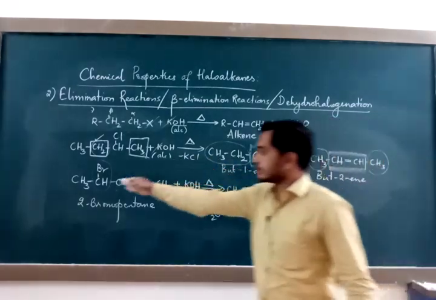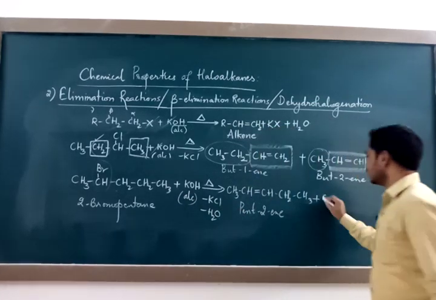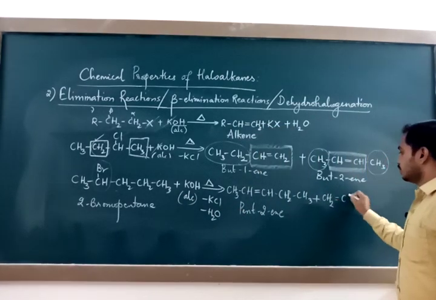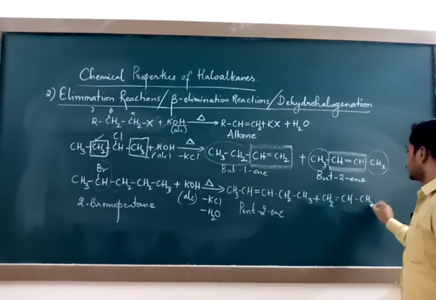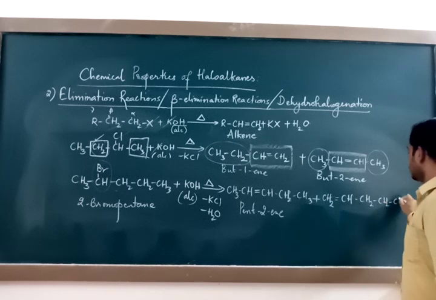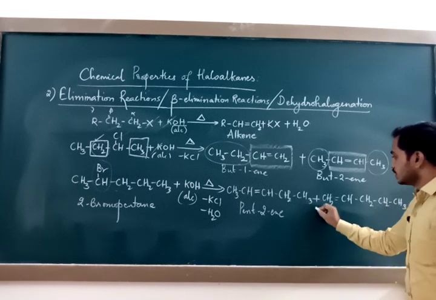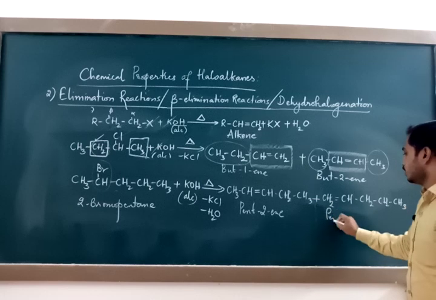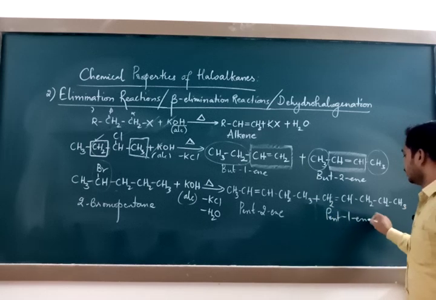If you are removing hydrogen from this carbon, you will end up with CH2 double bond CH, CH2, CH2, CH3. This is pent-1-ene.